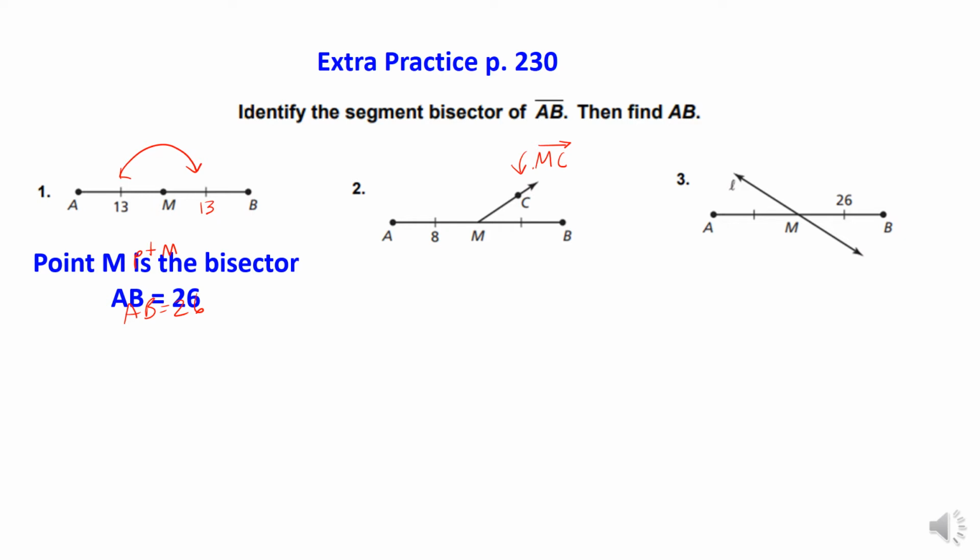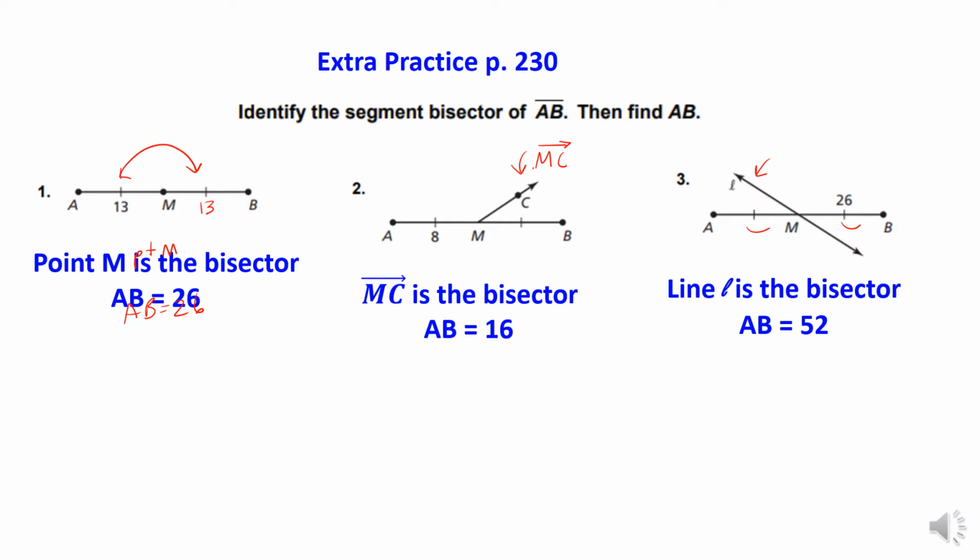We know the two sides are equal, so 8 plus 8 is 16. Okay? On this one, we have line M is the bisector. We have two congruent sides, and so 26 plus 26 is 52. So that wasn't too hard.